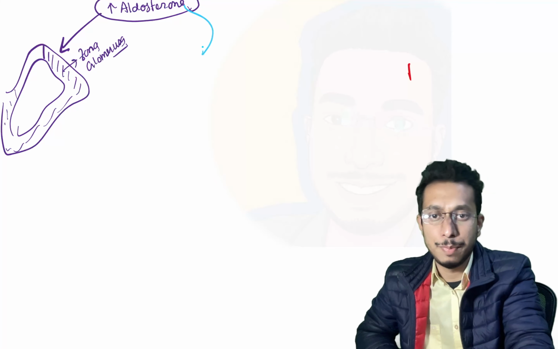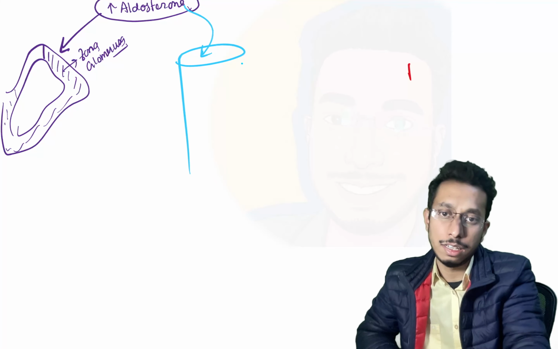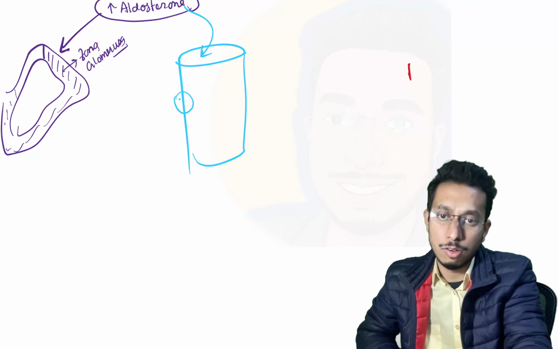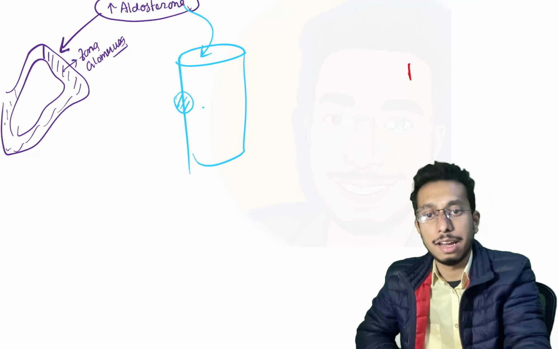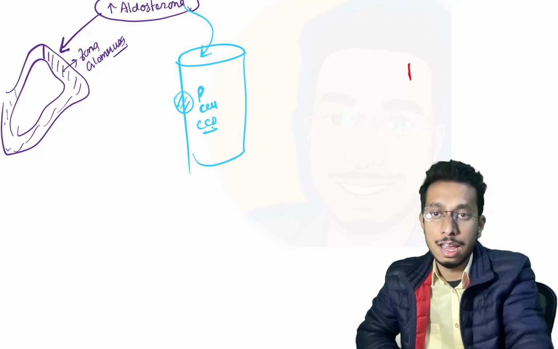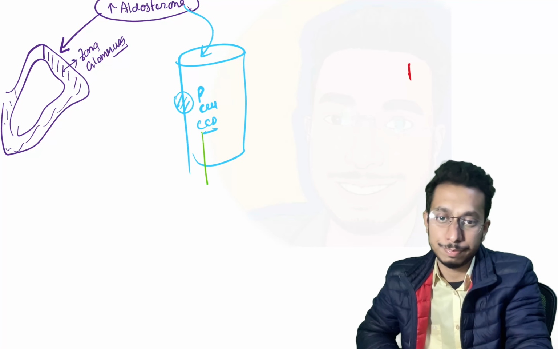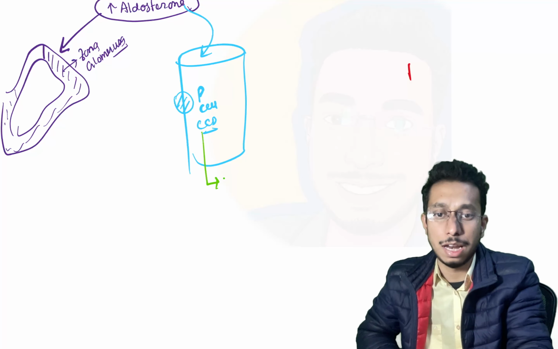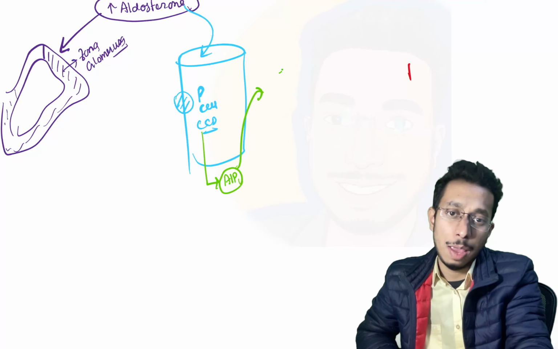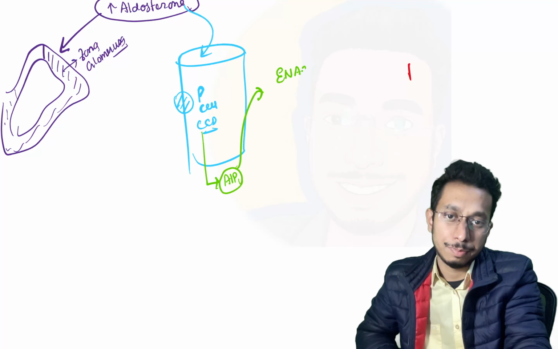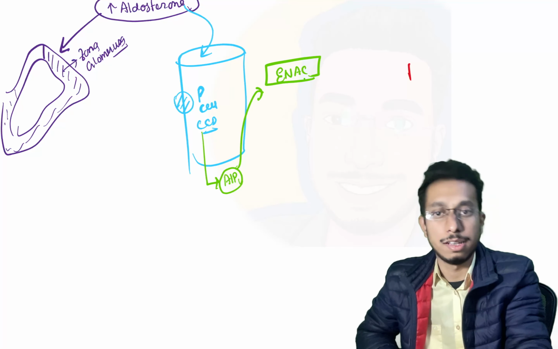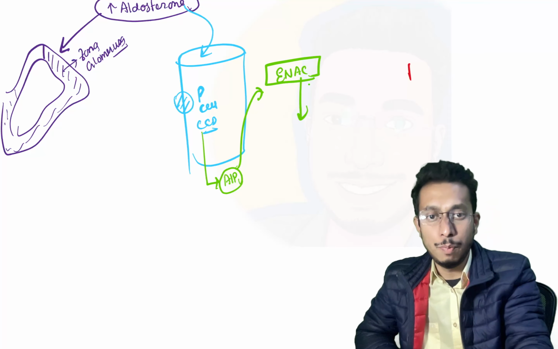It affects mainly the cortical collecting duct, in the principal cell, the P cell of the cortical collecting duct, and results in secretion of aldosterone intermediate peptides, which act on the epithelial sodium channel to mediate its action.